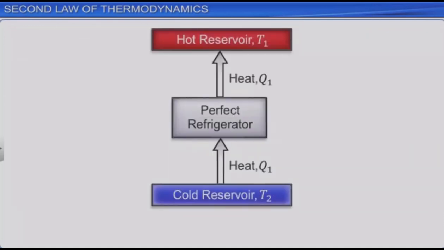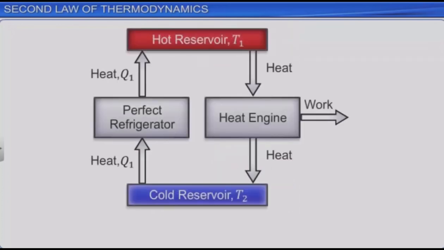Let us assume that the statement given by Clausius is wrong, and there exists a perfect refrigerator that absorbs Q1 heat from a cold reservoir at temperature T2 and releases the same to a hot reservoir at a temperature T1. Let there be a heat engine working between the same two temperatures T1 and T2.